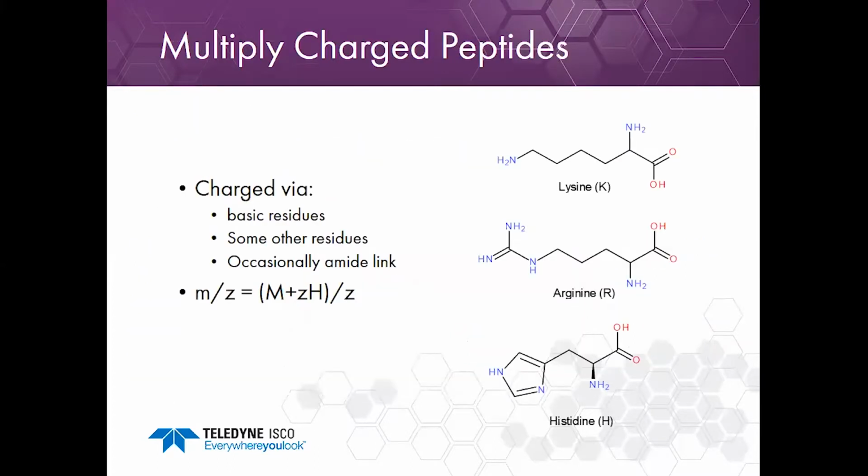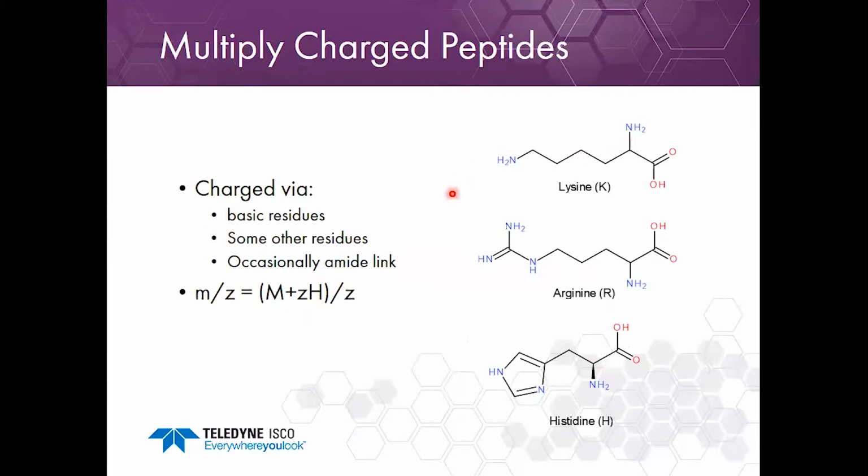How do we get these multiply charged peptides? They're charged by basic residues such as lysine, arginine, and histidine. Some other residues can also take a positive charge, but these basic groups, these amines, do a nice job of holding onto a proton. Occasionally, one of the amide linkages in the peptide will pick up a proton as well.